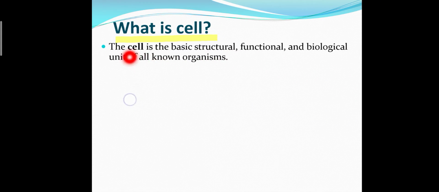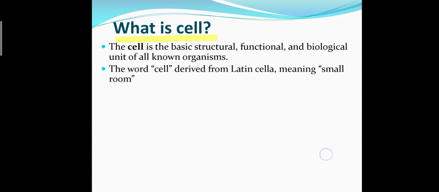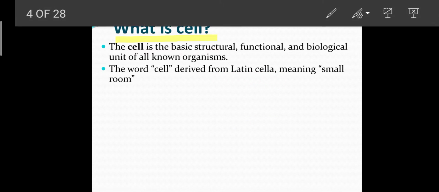What is a cell? As you know, the cell is the basic structural, functional and biological unit of all organisms. The word cell is derived from a Latin word, cella, meaning small room.